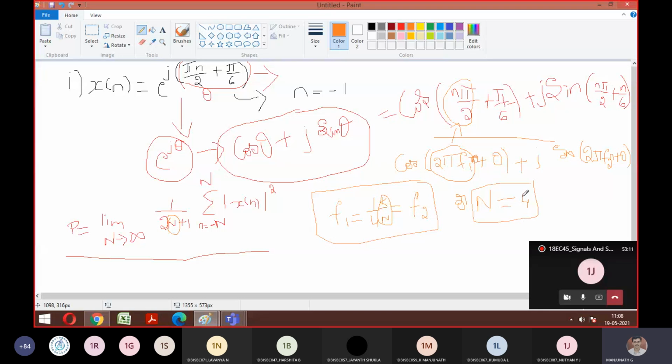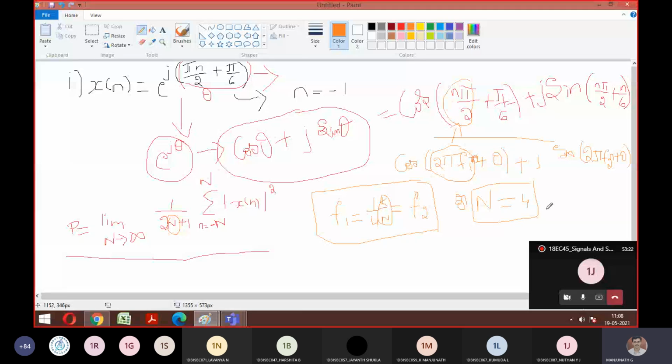So now, since we have proved N is equal to 4, some time period is there. Do you think this limit will come to the picture? Because N is not infinity. Just now we proved N is equal to 4.